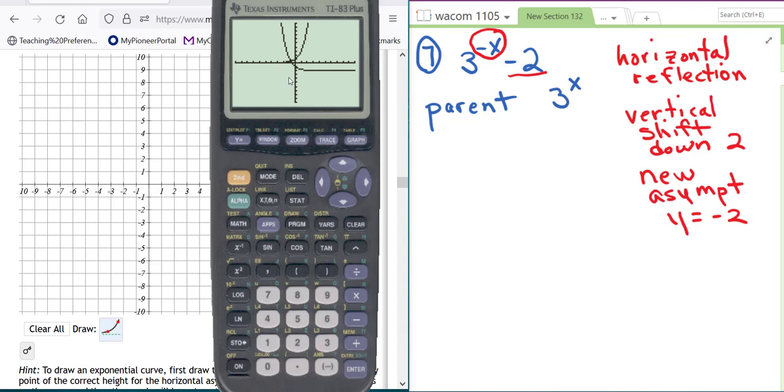So there's your new graph. You see what it did? It flipped across this axis, your new asymptote. Okay, I am going to go back under y equals. I am going to again toggle this first one off. And just say graph again.